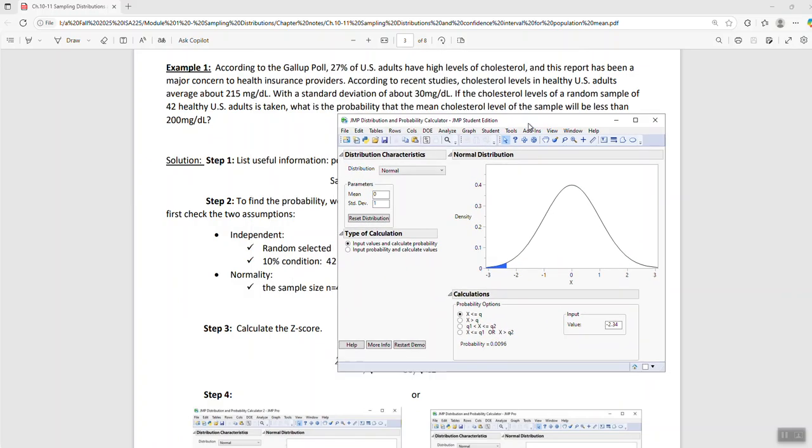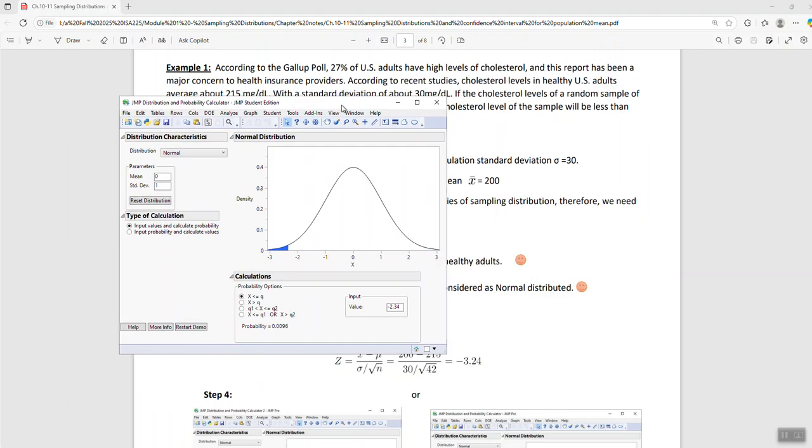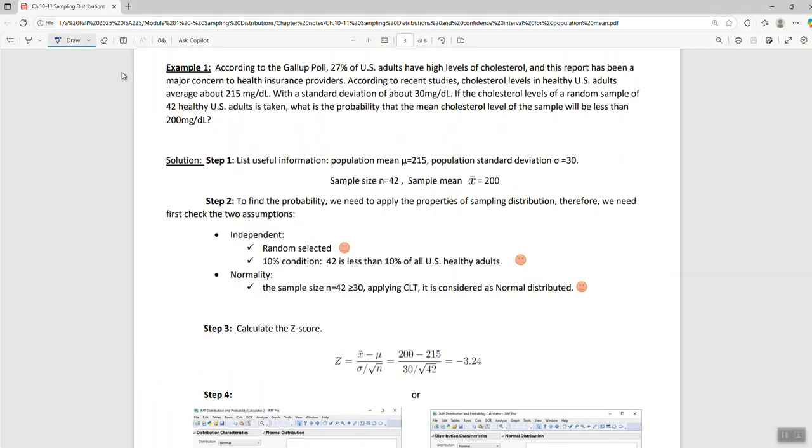The other method: this is the default setting, we use the standardized normal distribution, so that's why we need to calculate the z first. Is there any other way that we don't need to calculate the z first? Of course we can. We can use our sampling distribution. We talked about that in class: once we select the sample, we have the sample size and the population standard deviation sigma.